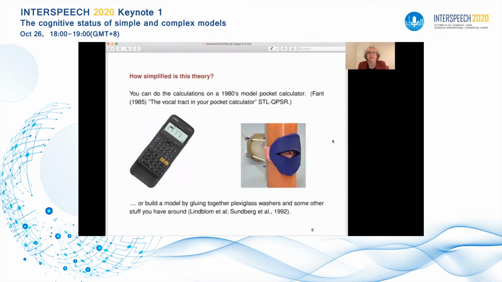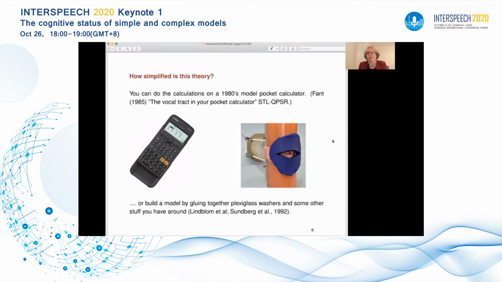Now, how simplified is this theory? So one indicator is that you can do the calculations on a 1980s model pocket calculator, as Fant showed in a really sweet article in their working papers. And I looked up the model of pocket calculator that he was using and found an image of it. And there it is.